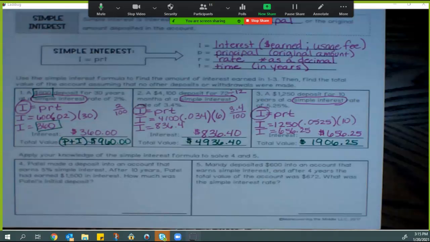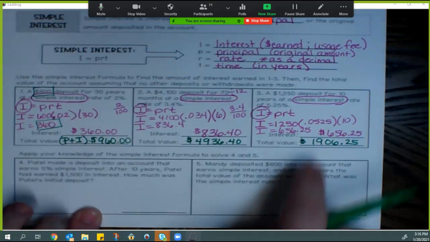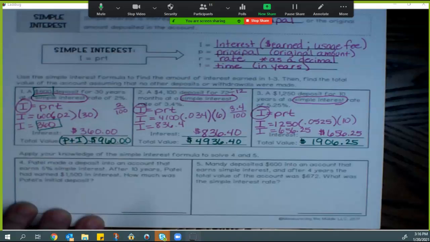So that's kind of a review, kind of what we did yesterday. The last 2 problems are kind of like challenge problems. We're going to take what we know about this formula and about interest, and we're going to use it to solve application problems.